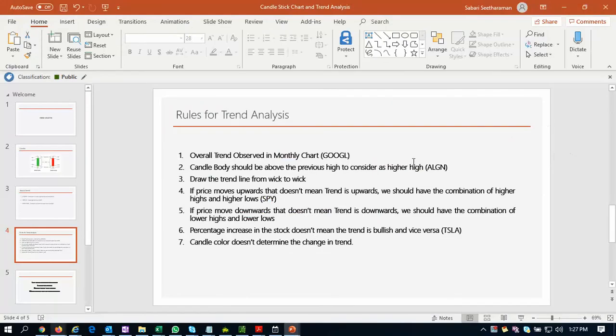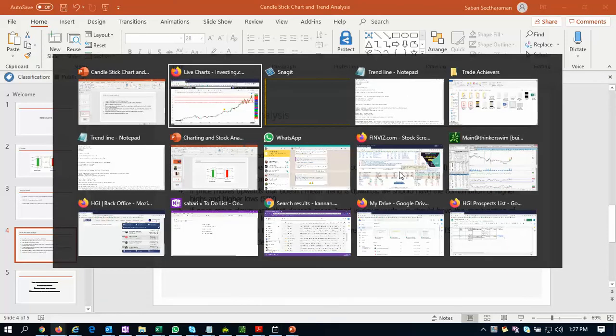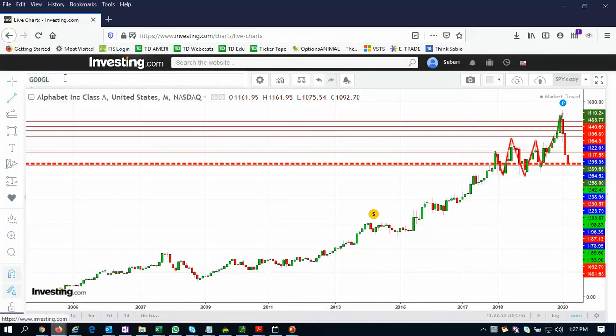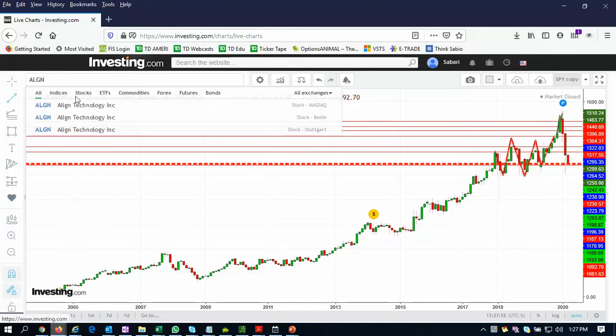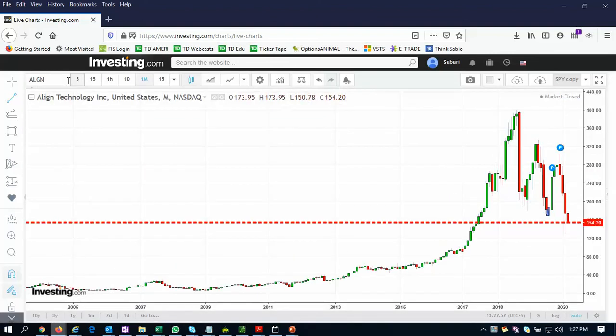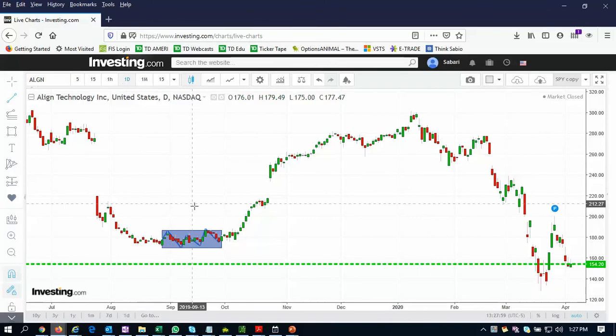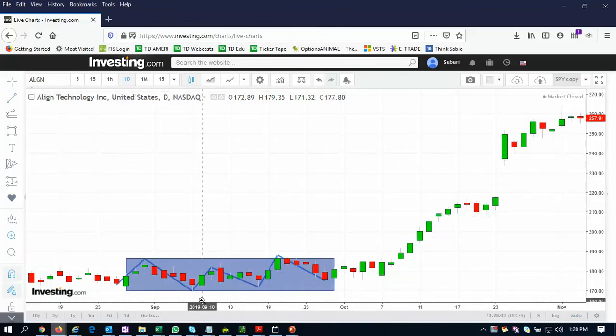The second rule: the candle body should be above the previous high to consider it a higher high. In our earlier example, if you see here, the wick of this red candle is below this green candle.